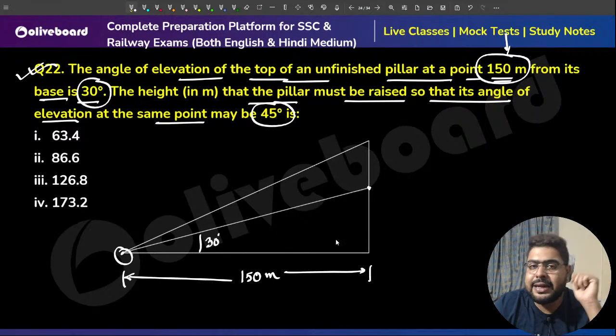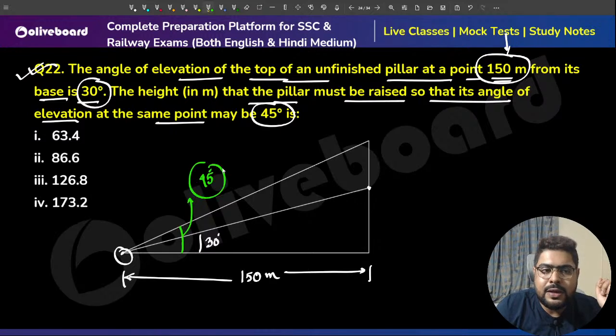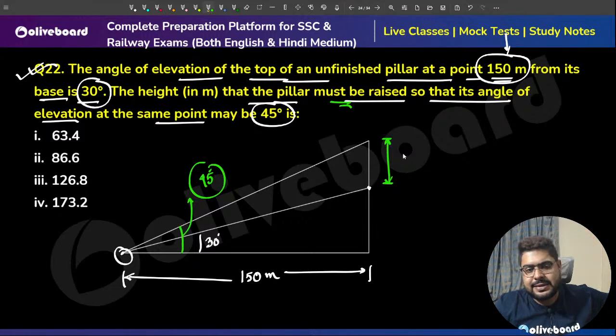They are asking you to raise the pillar such that this is 45 degrees. How much height needs to be raised, that much distance they are asking.